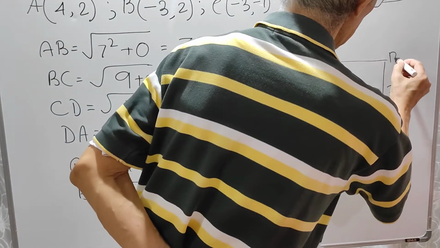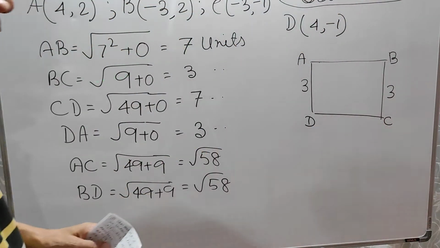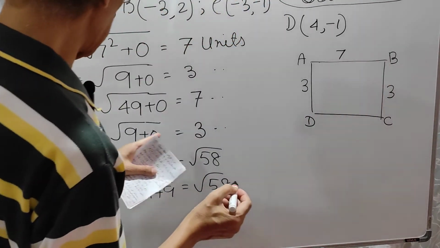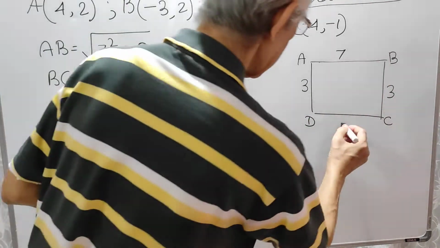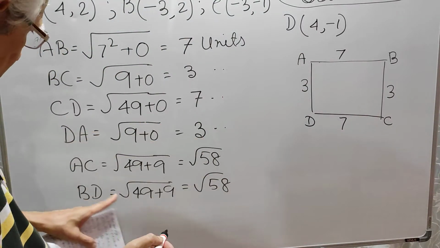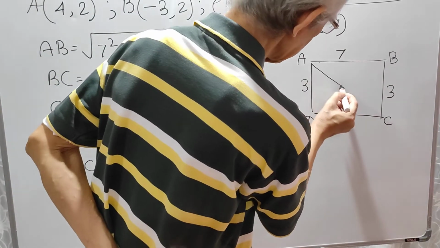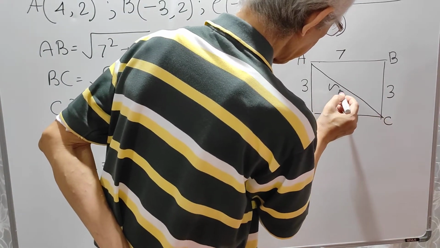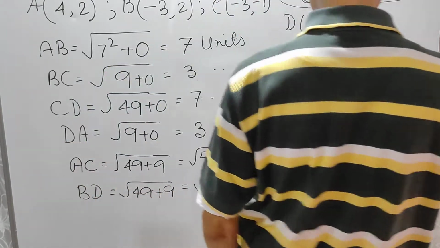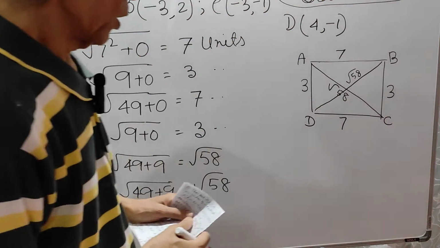A, B, C, D is a quadrilateral. AB is 7, BC is 3, CD is 7, and DA is 3. Then the diagonals: AC is root 58, and this also is square root of 58. Okay, so that is the picture.